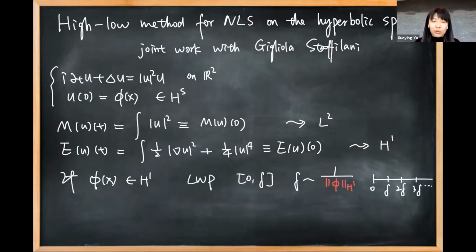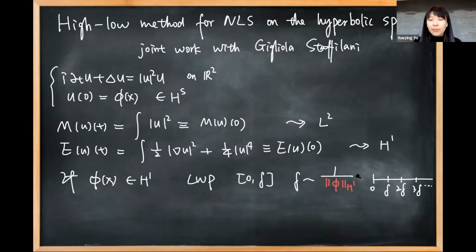If you take your initial data in the energy space, say H1, you can use the dispersive estimate, the so-called Strichartz estimate, with a fixed point argument, and obtain a local well-posedness theory, and the length of your time of existence will be some delta. This delta is like 1 over the H1 norm of the data.